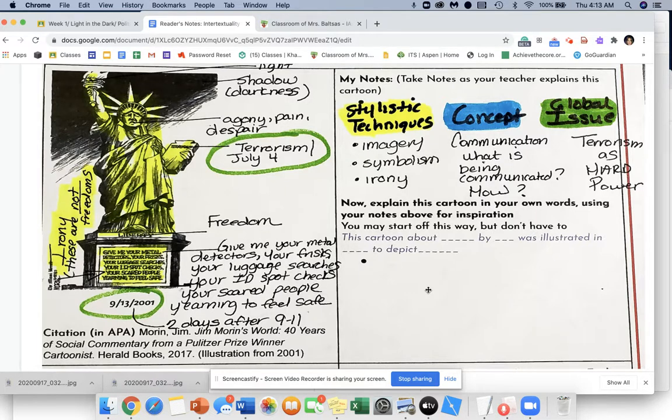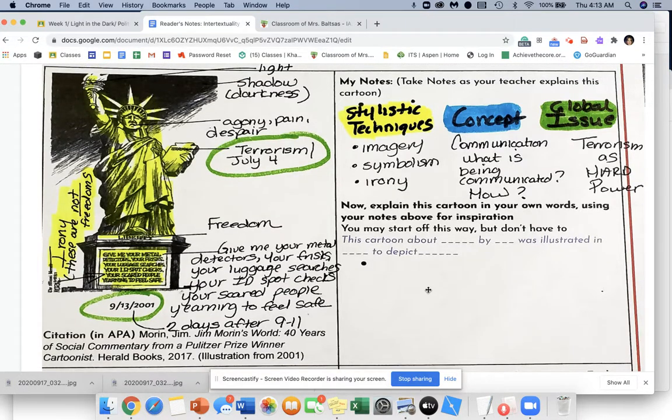All right, so that concludes today's lesson. What you're doing again is looking at two types of text to review, right? And first you have to say what global issue is conveyed in these two texts.